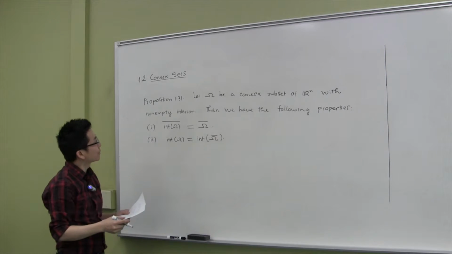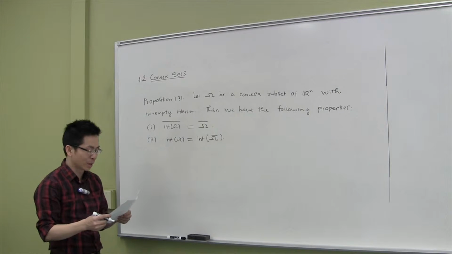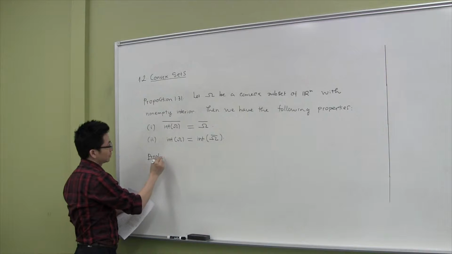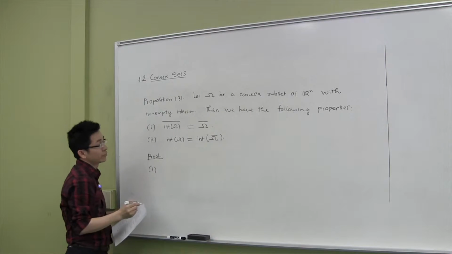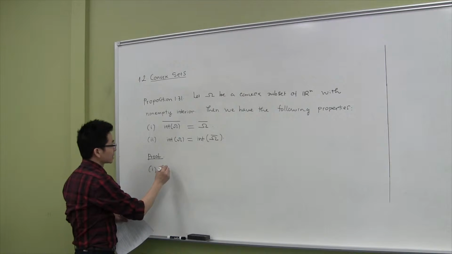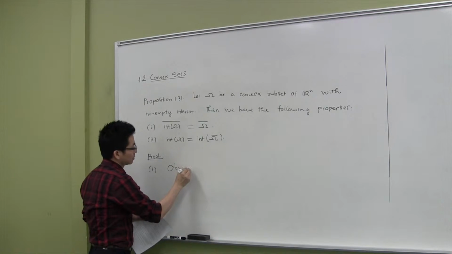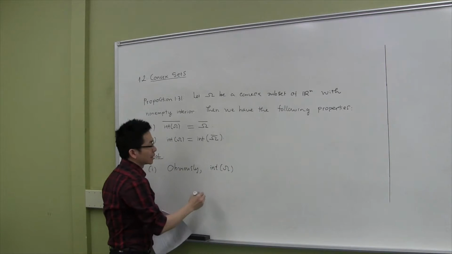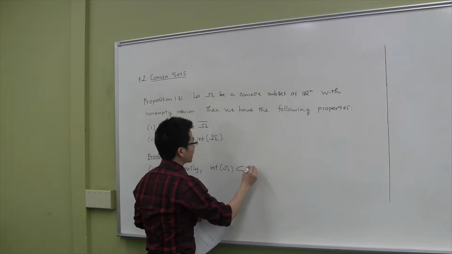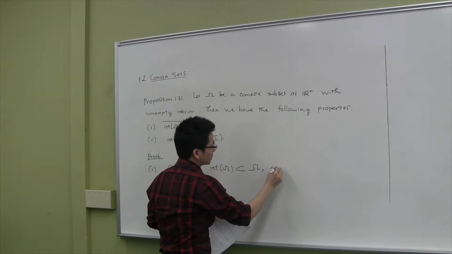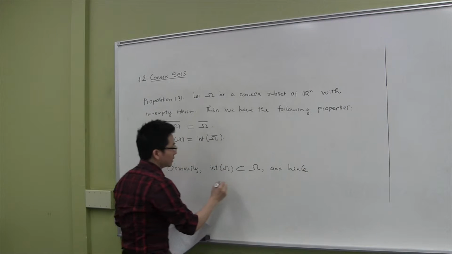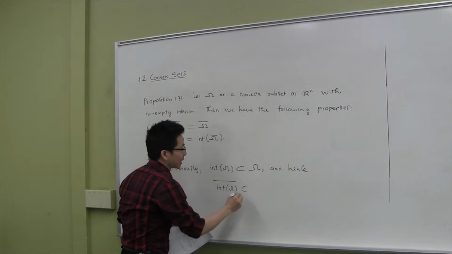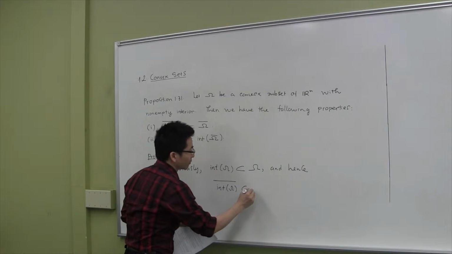So now I'm going to go through the detailed proof of this proposition. Let's prove the first property. Obviously, the interior of omega is a subset of omega, and hence the closure of the interior of omega is a subset of the closure of omega.